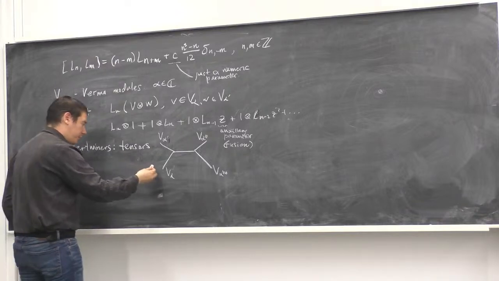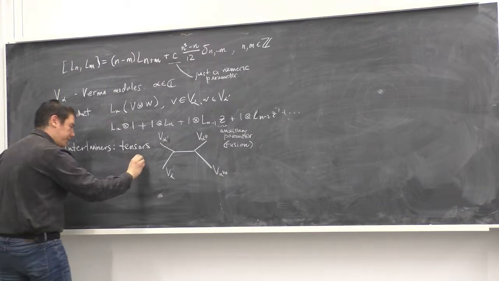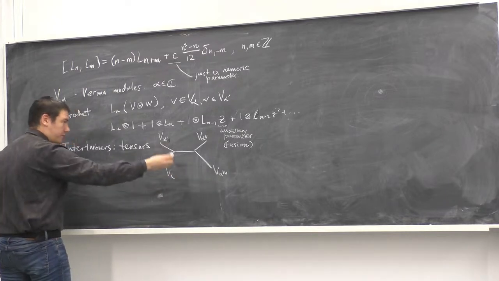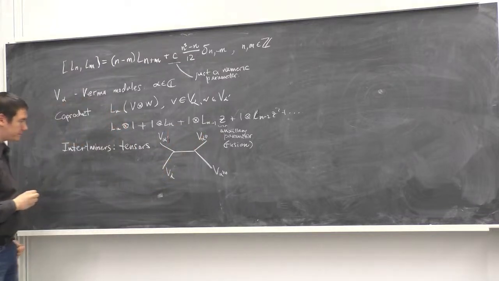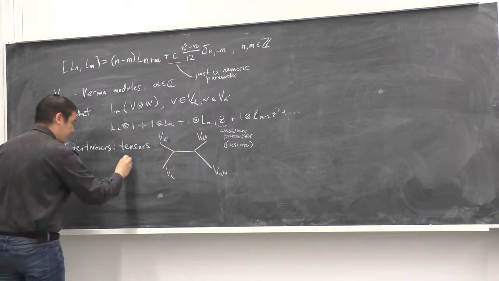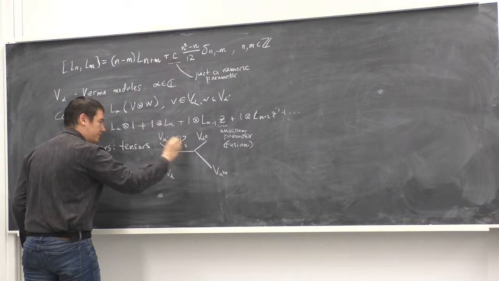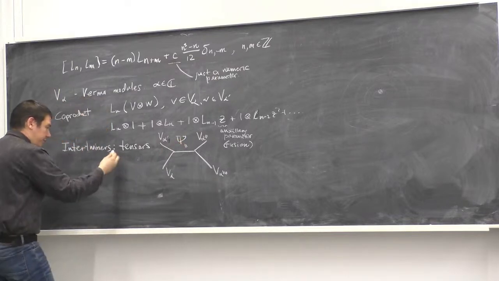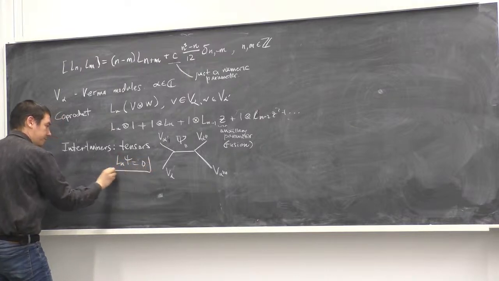What does that mean? Really, you can define the action of the algebra on such tensors for the reason that we have this rule that we just discussed. And then you can postulate a tensor, say, let's call it psi, which satisfies this.